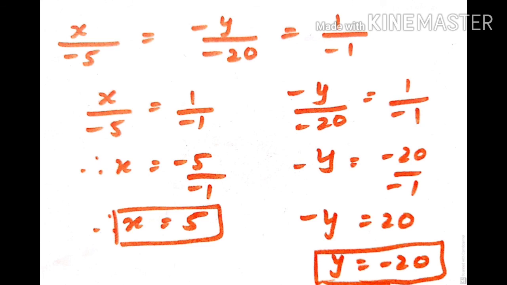So you can see on the right hand side of x, upside down the negative signs cancel, so we write x is equal to 5 and minus y is equal to 20. So the sign changes from the left side to the right side, y is equal to minus 20. So we have completed our chapter 5 here.